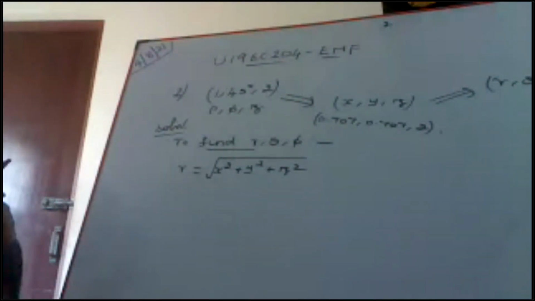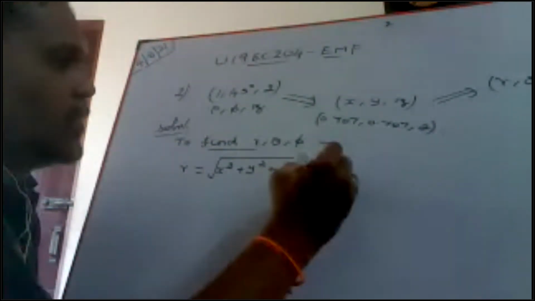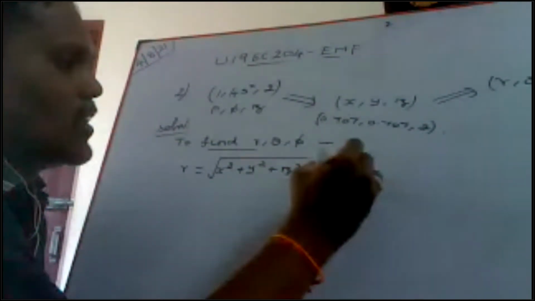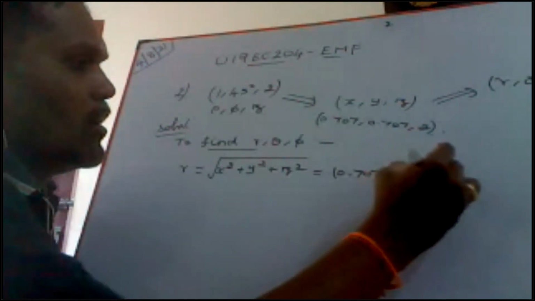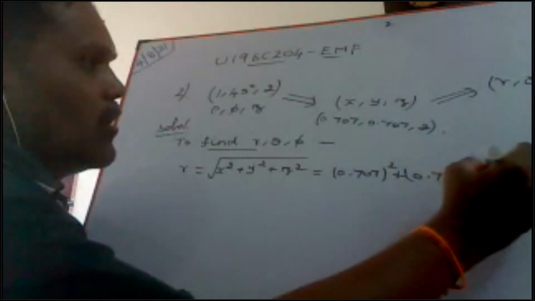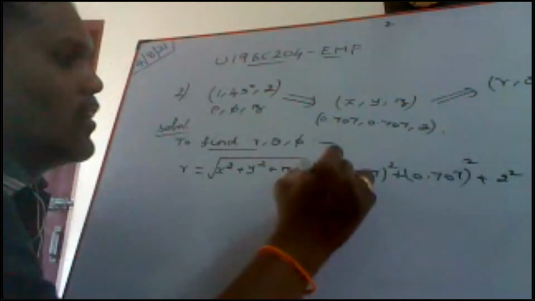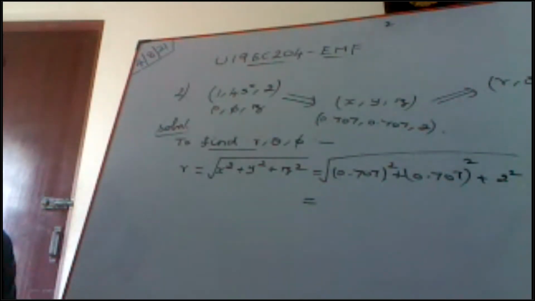Now you know the values of x, y, z. So x is 0.707 square plus 0.707 square plus 2 square, the whole root. How much is the value of this? If you do it in your calculator, you can get it.